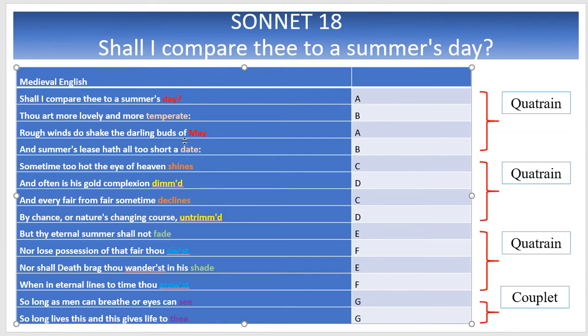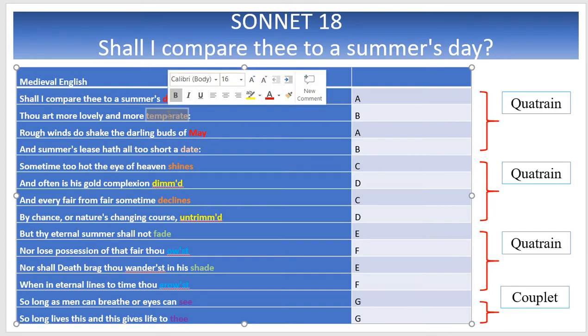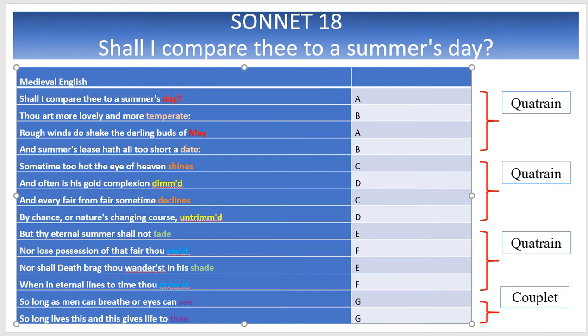Here the rhyme is A again, because it follows the same rhyme of day and May. And "summer's lease hath all too short a date": temperate and date. The final sound here is T.